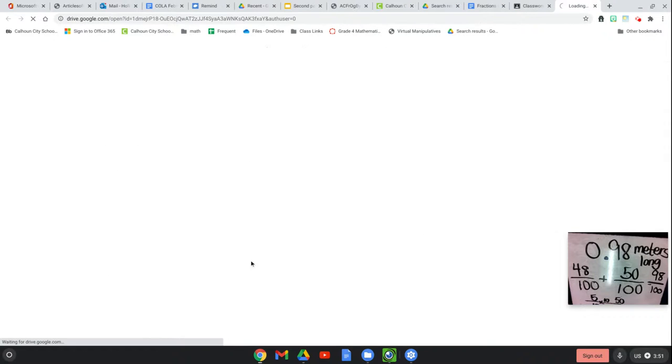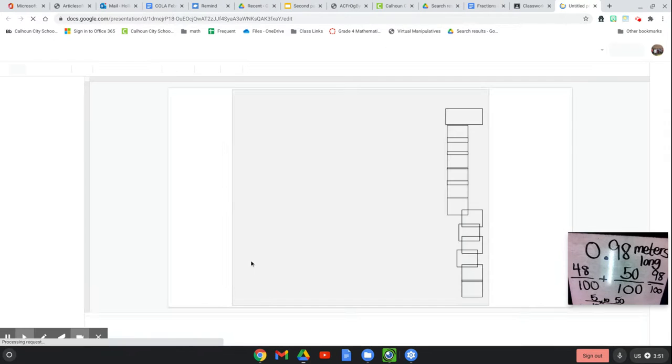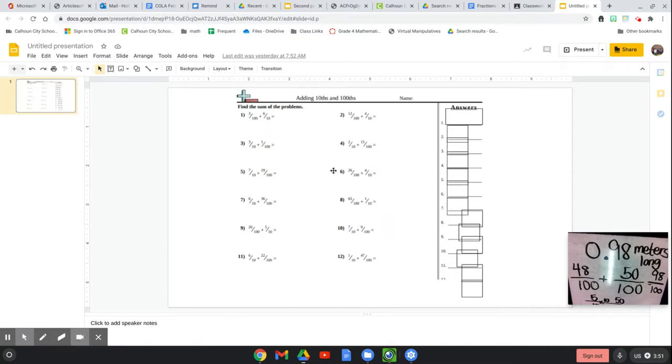And I'm going to click on this slide. If it'll load. Here we go. So all you're doing here is exactly what we did here. You're going to find a common denominator and then add the 2 fractions.